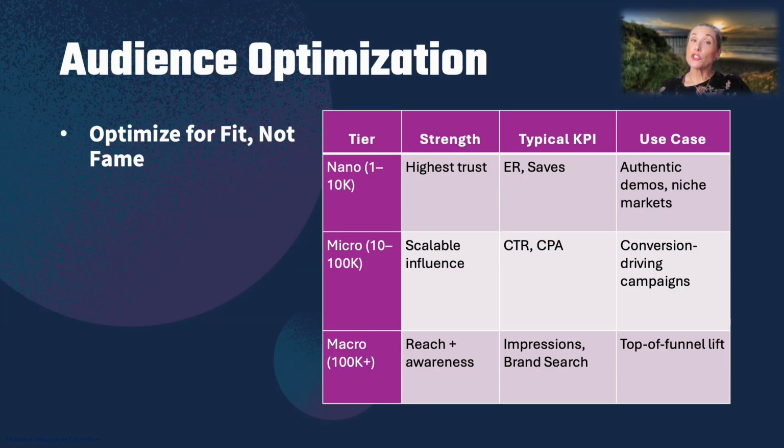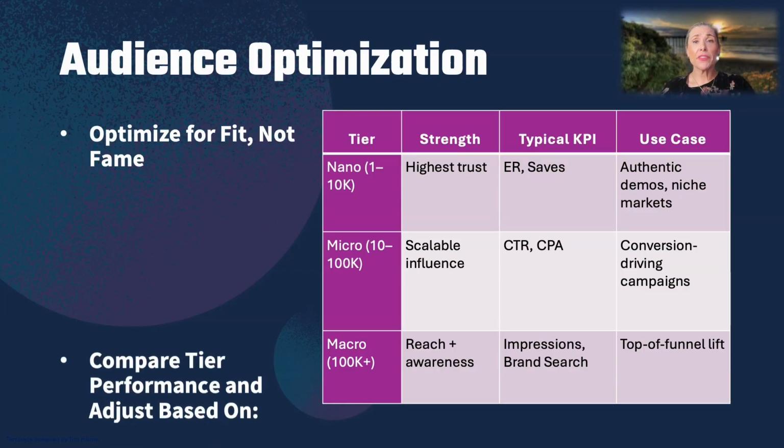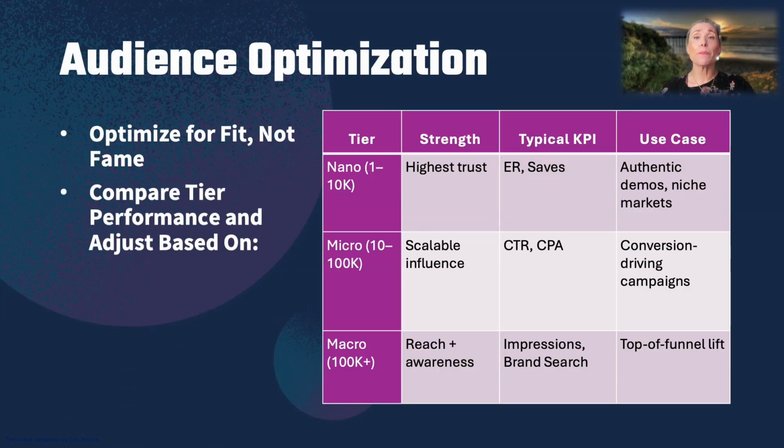They cultivate higher trust and relatability, leading to superior ROI, especially compared against macro influencers in high engagement niches. For these tiers, the key performance indicators are focused on tangible business outcomes such as conversion rate, click-through rate, and CPA. This comparative analysis is necessary because while macro influencers may drive reach, this often comes at a diminishing marginal return when compared to the ROI generated by micro influencers.